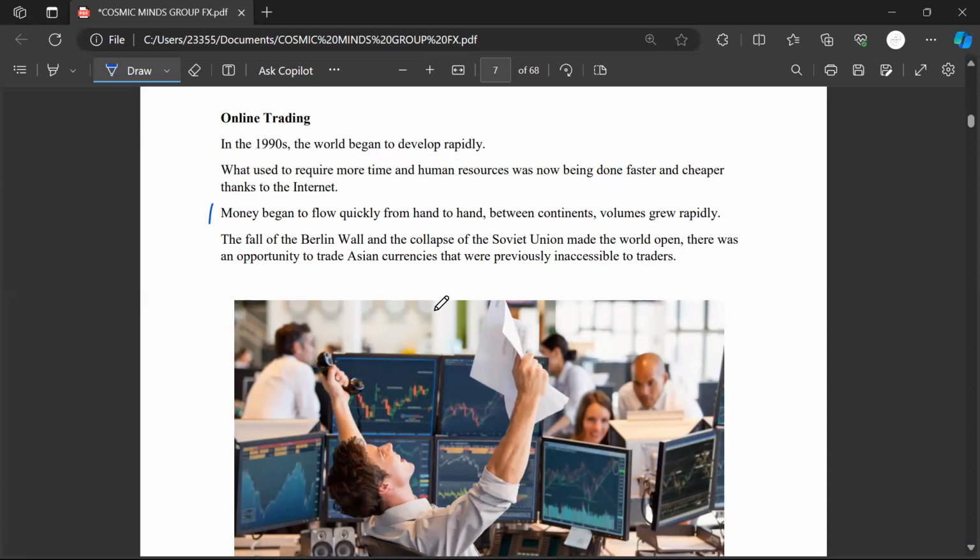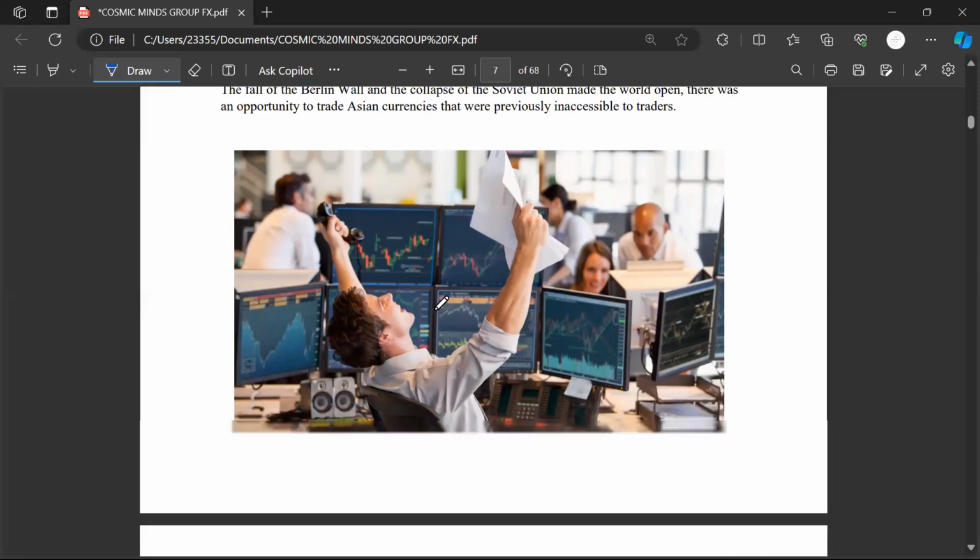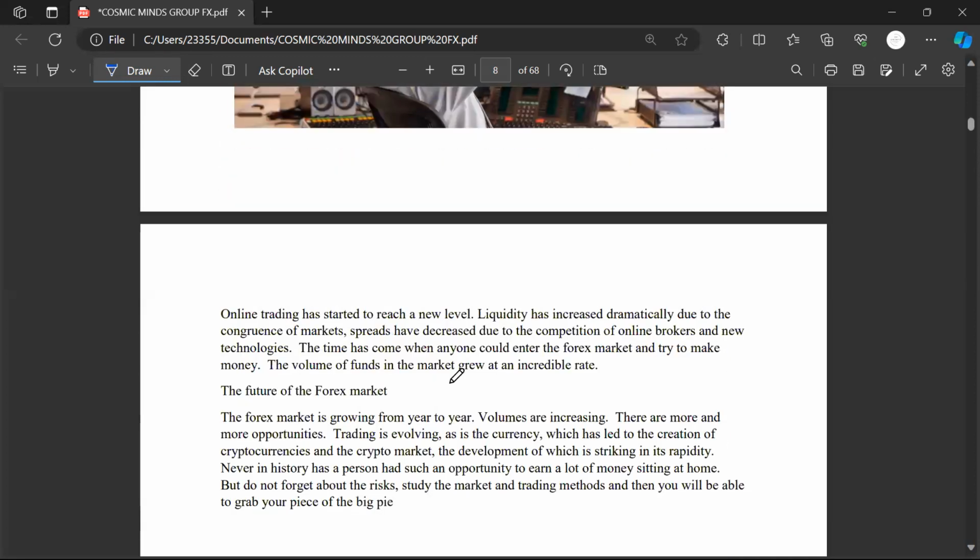So the advent of the internet gave us the access to doing things flexibly, conveniently, online. That is the idea. Now, online trading has started to reach a new level. Liquidity has increased dramatically due to the congruence of markets. Liquidity, I will not talk about it now.